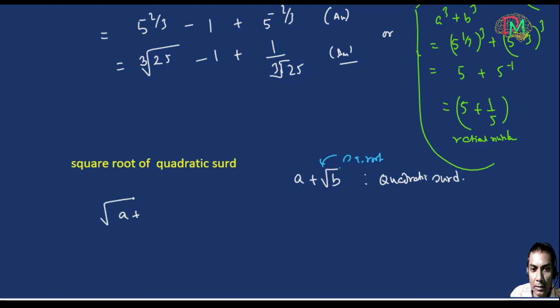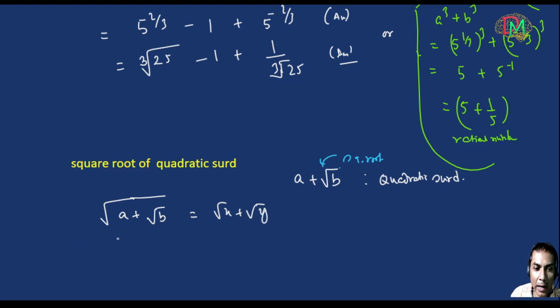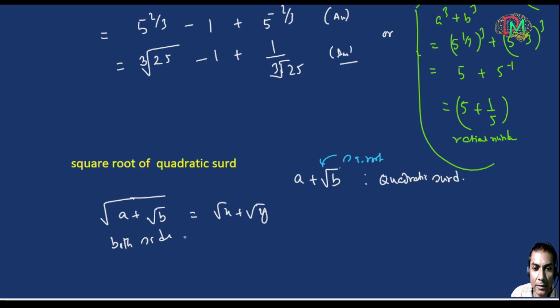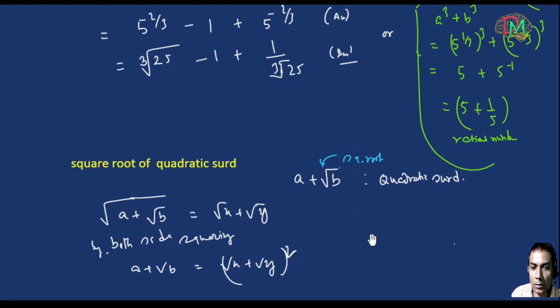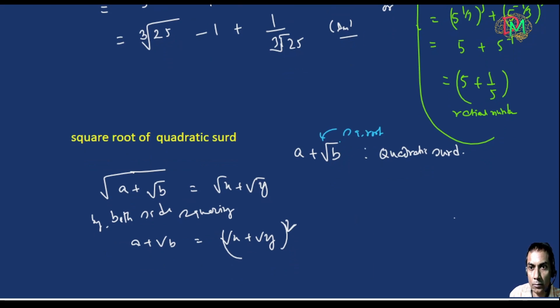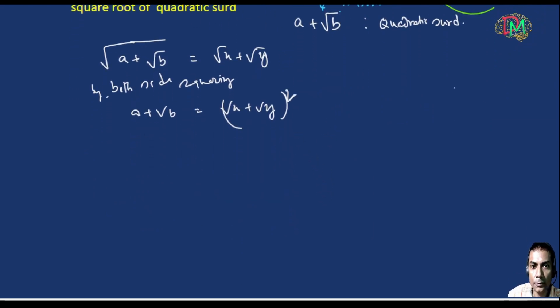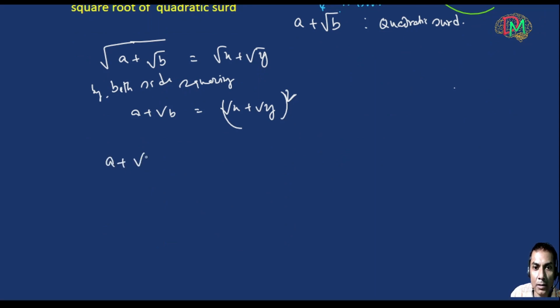So we apply this concept: let root of a plus root b be equal to root x plus root y. Then squaring both sides, what will we get? By squaring both sides we get a plus root b is equal to root x plus root y whole square. Clear? Next we get a plus root b is equal to x plus y plus 2 root xy.